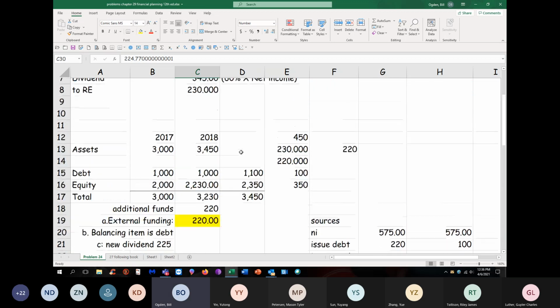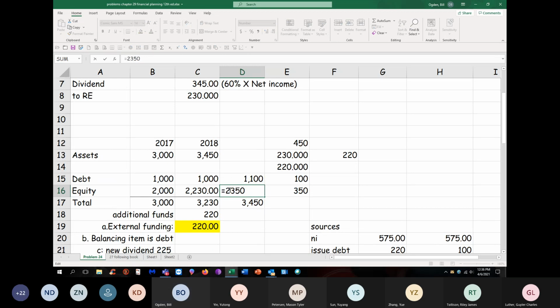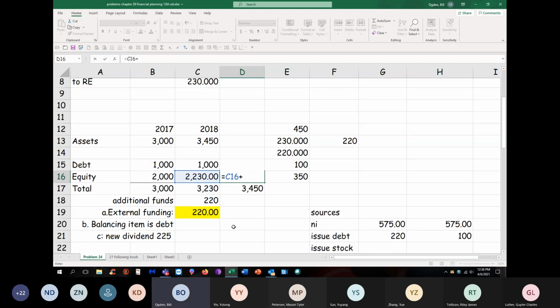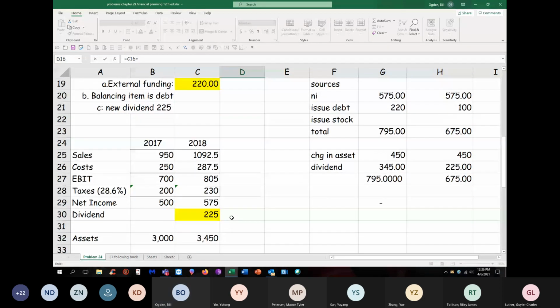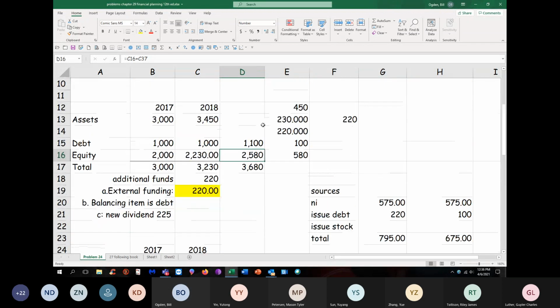And to make this balance, we'll begin at 2230, and we will add the short amount, and that was 350.